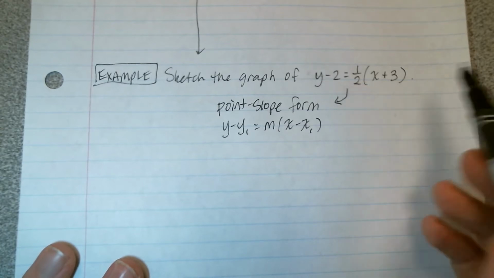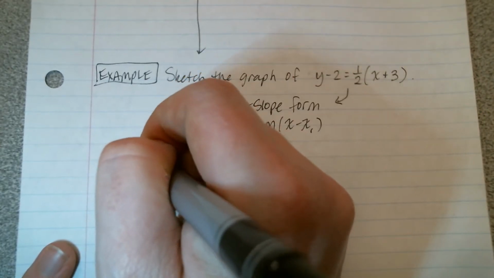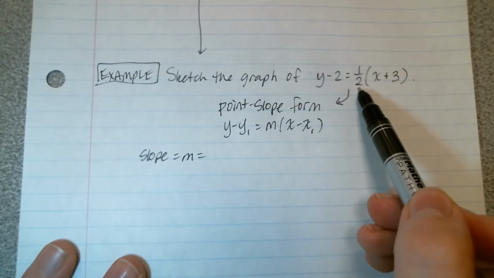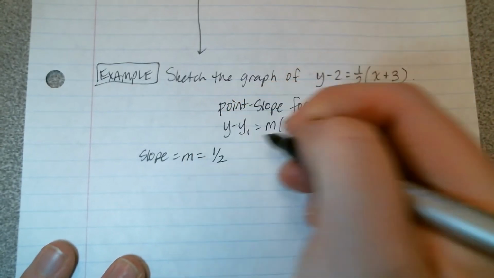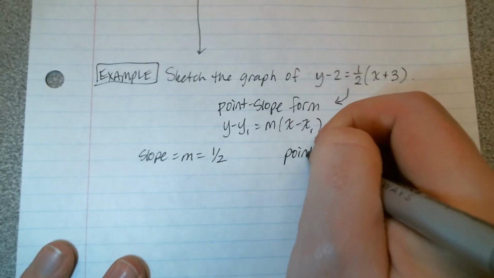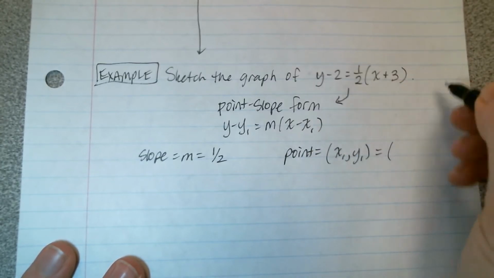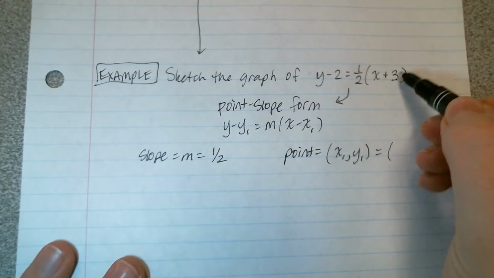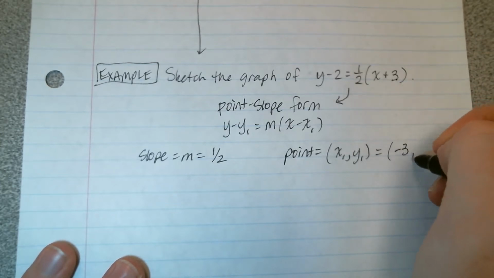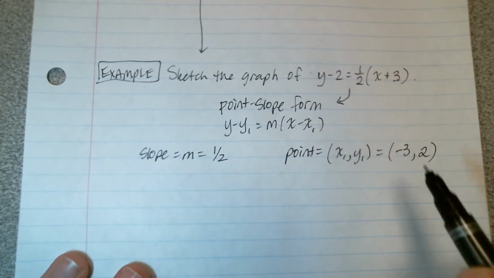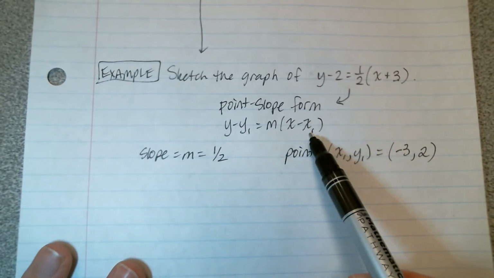So in our equation right here, the slope m is positive 1/2, and the point (x1, y1) has coordinates (-3, 2). Okay, I really want to point out that this is minus the x coordinate.